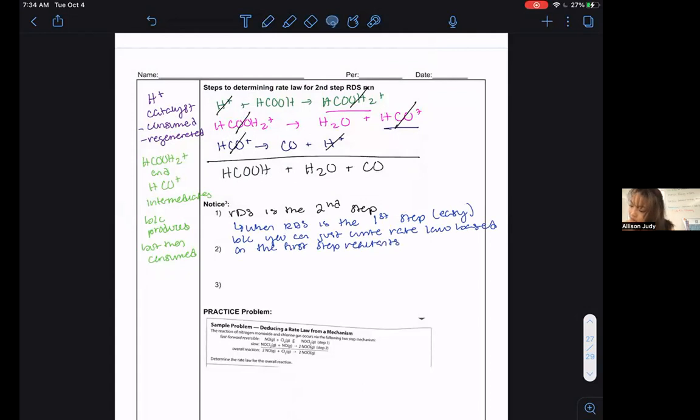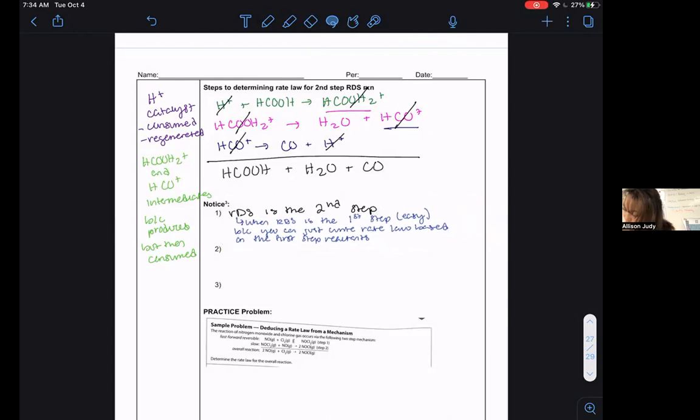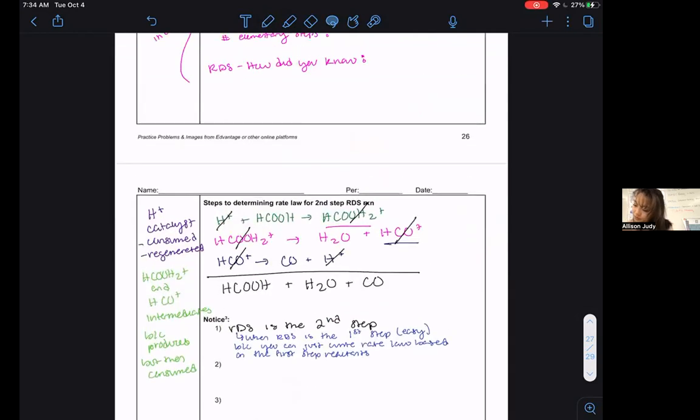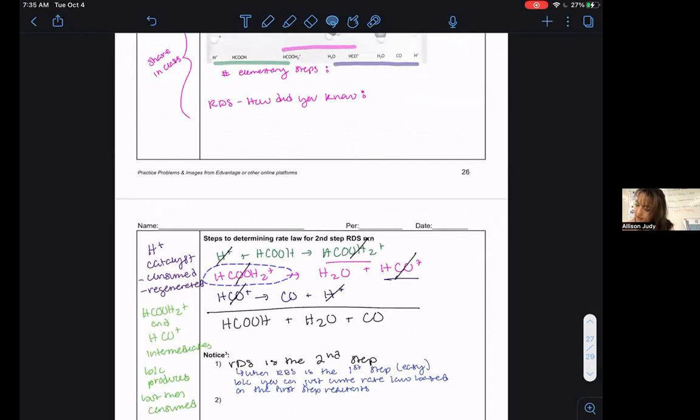Okay, but for us, we have something a little bit more complicated. We have the second step because we have a super complicated intermediate, a more complex one, okay?